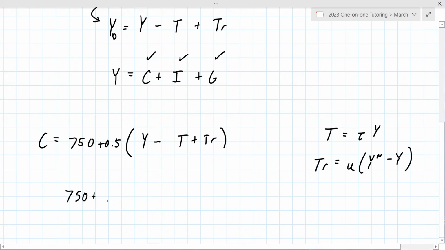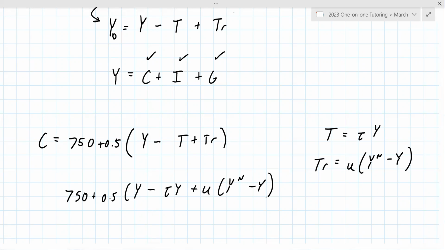So 750 plus 0.5 times Y minus tau times Y plus U times YN minus Y. Is that okay for the moment?